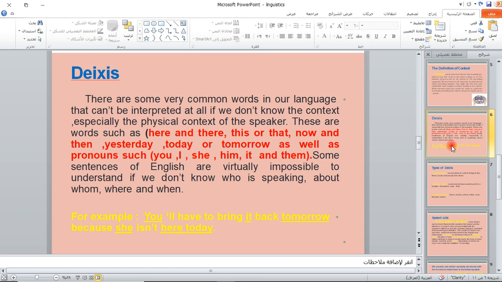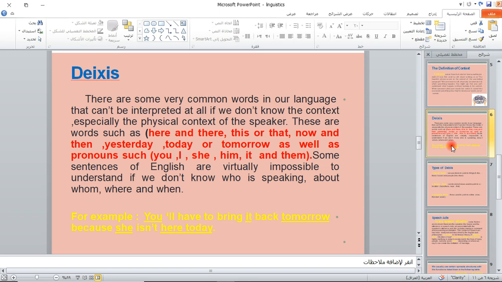These are words such as here and there, هنا, هناك, this and that, ذلك, تلك, adverbs of time such as now, then, yesterday, today, or tomorrow, الآن, بعد ذلك, أمس, اليوم, غدا, as well as pronouns, الضمائر, such as you, I, she, him, it, and them.